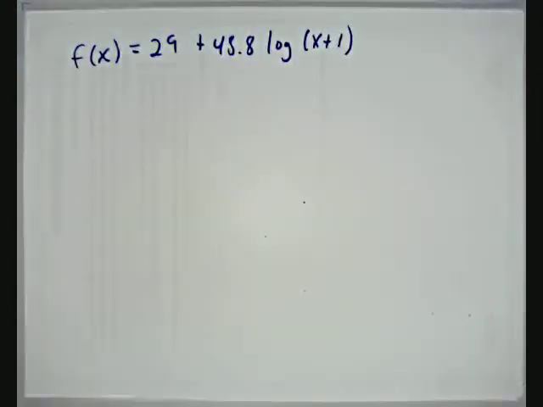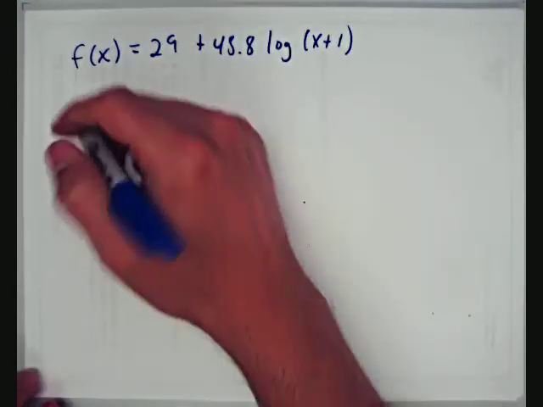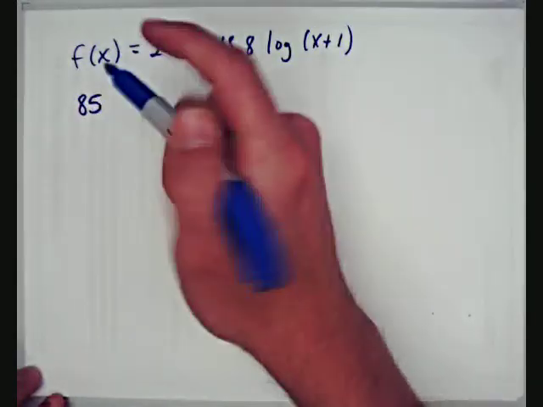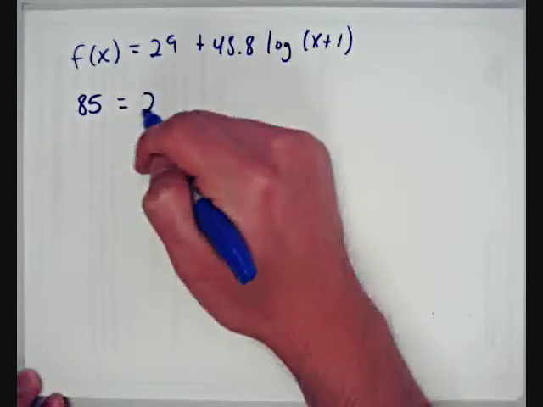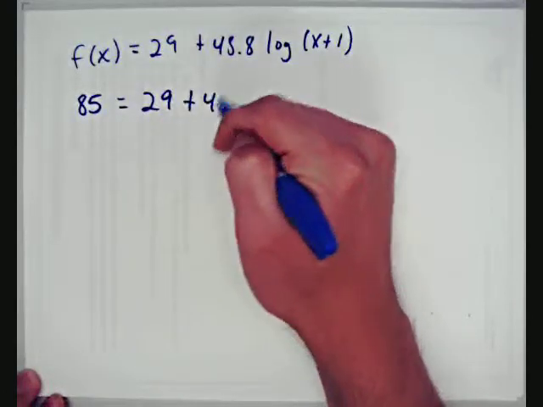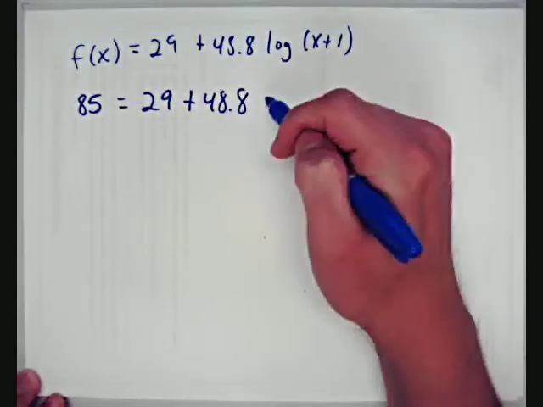Okay, and the question we can now answer, because we can solve a log equation, is at what age has a boy attained 85% of his adult height? Okay, so we're given a percentage of 85%, and we're asked to solve for the age, which is represented by x.